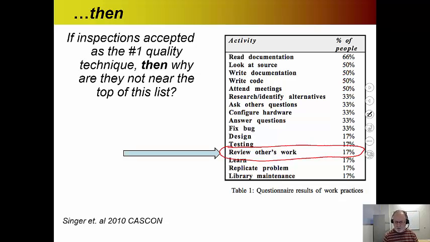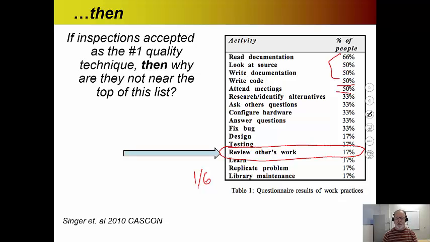The question was really, what do you spend time on? They read documentation, they look at source, they write code. You've only looked at the first three before you even get to writing code. They spend 50% of the time attending meetings. But only 1 in every 6 answered the survey saying reviewing others' work is a significant work practice at their place. And this is the rub.